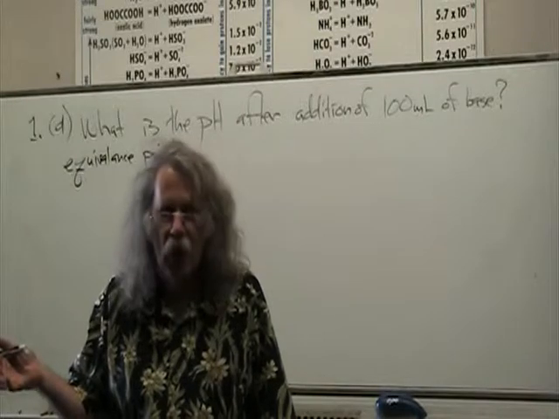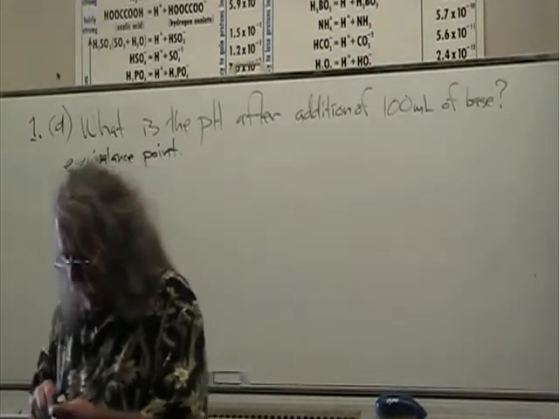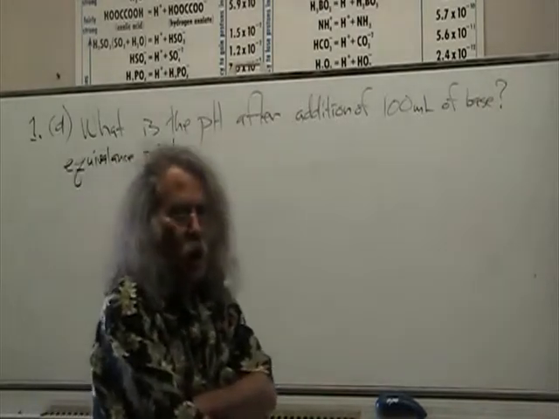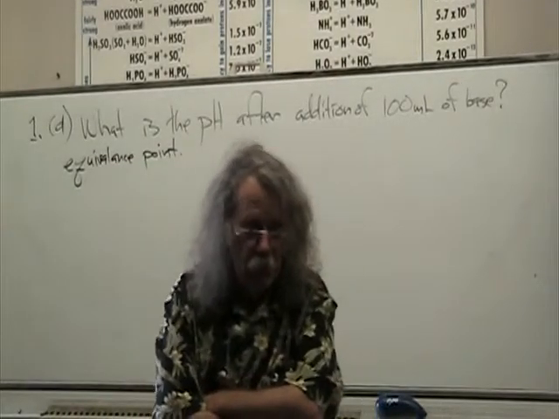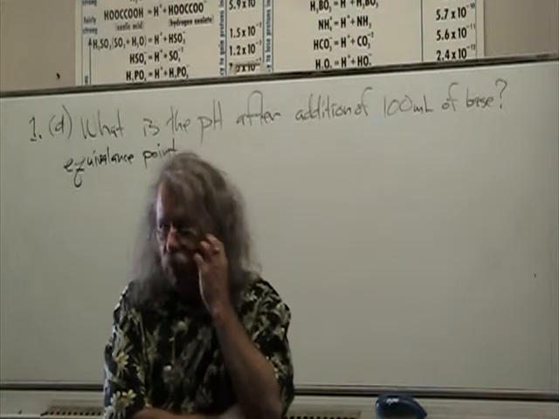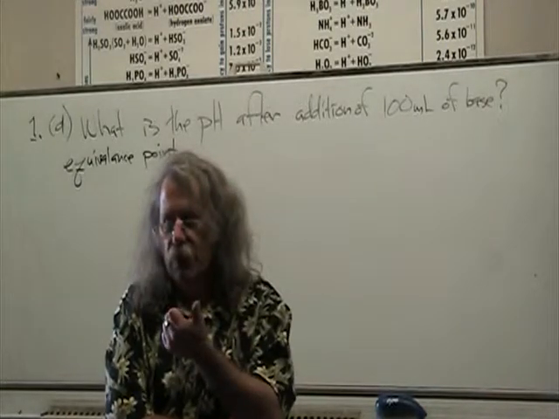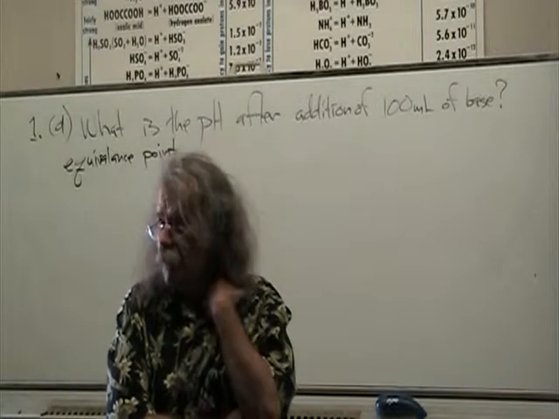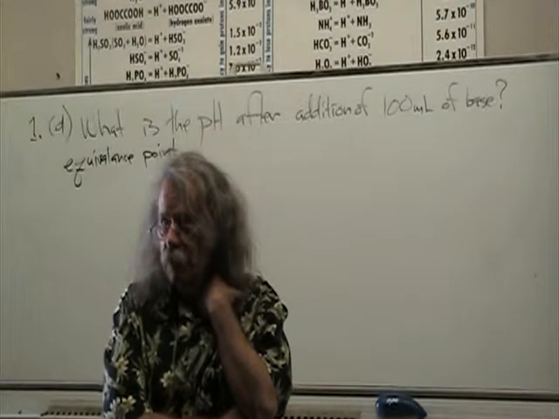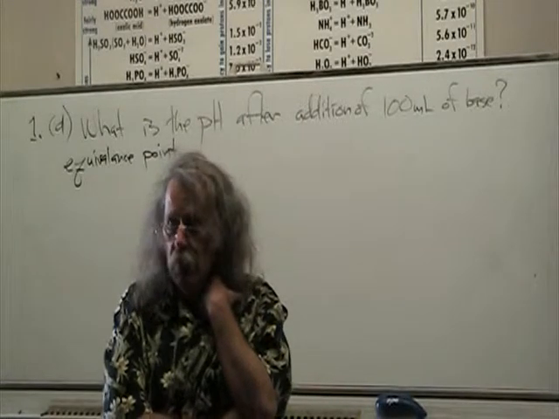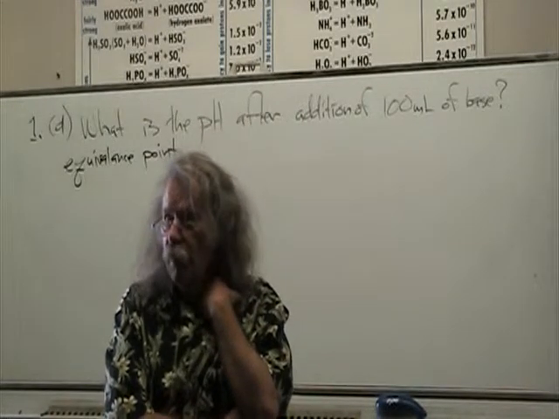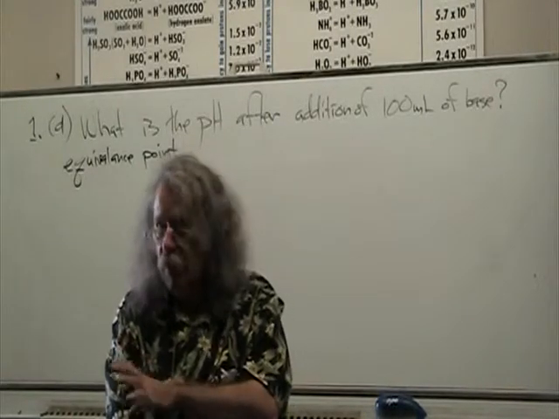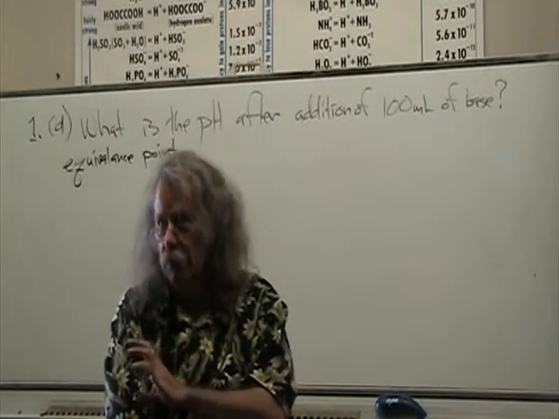The acetate ion, being the conjugate base of the weak acid, is strong enough to pull a hydrogen ion, essentially, off of a what? Hydrogen. Off of the water molecule, off of the solvent. We call it hydrolysis. So it's going to be strong enough to hydrolyze the solvent.